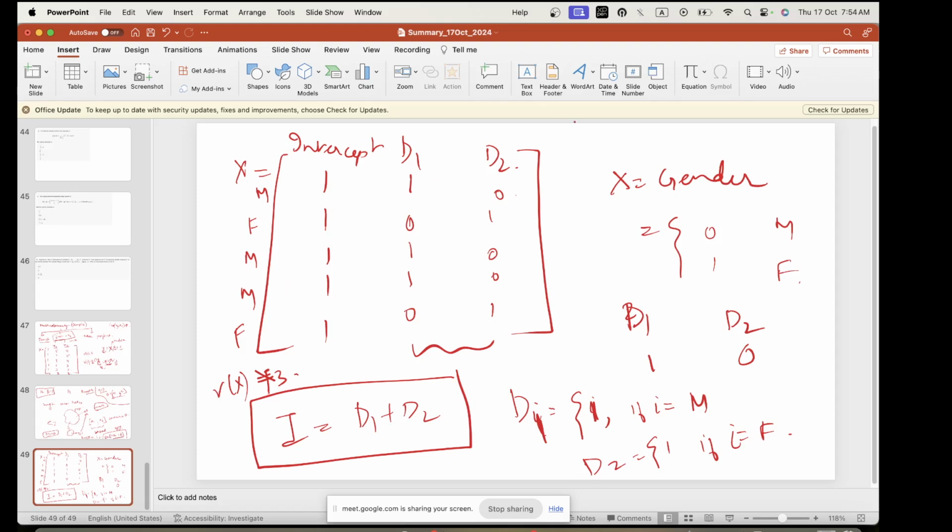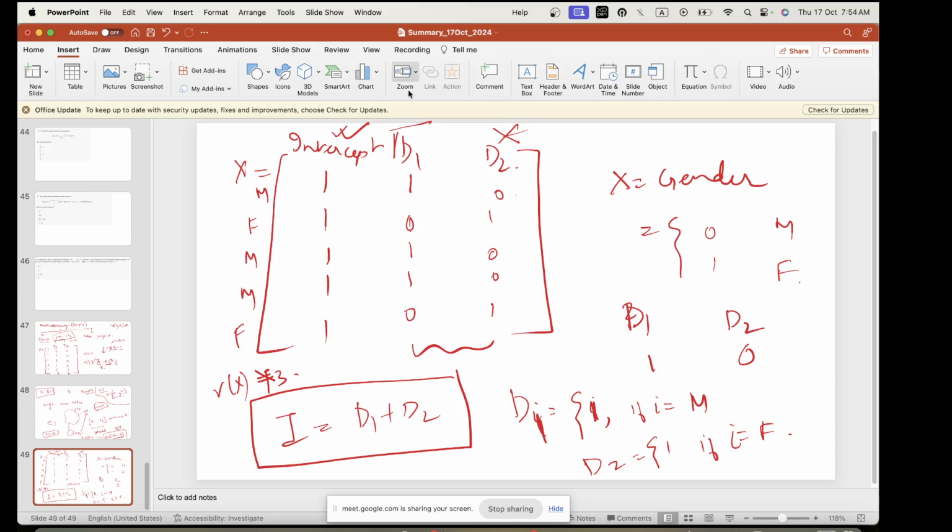So what do we do? We keep the intercept term, we exclude one dummy, and we say that this is sufficient because this coding, 1 if it is male, 0 if it is female, is sufficiently capturing the different categories. So I don't need a second category to designate females.